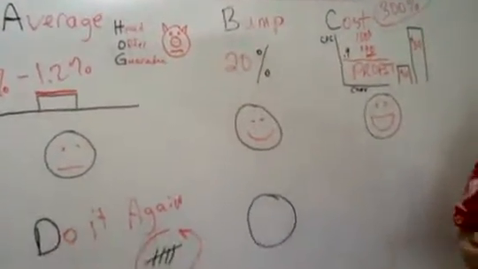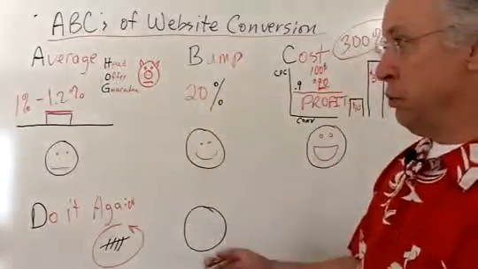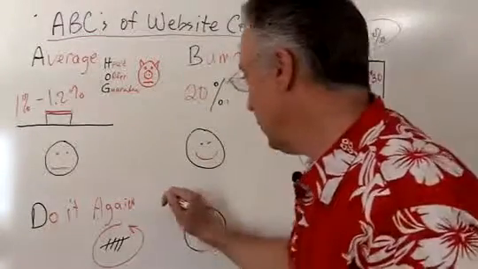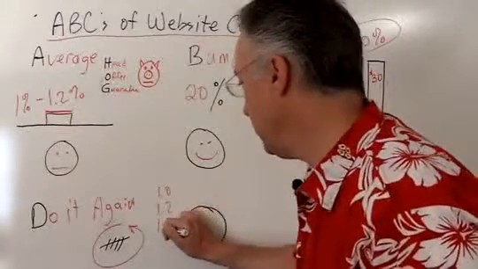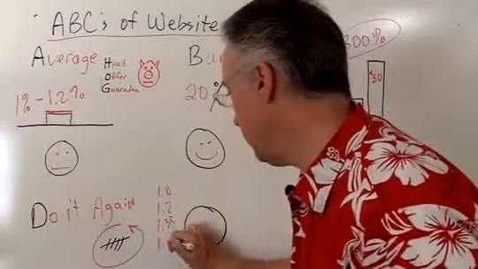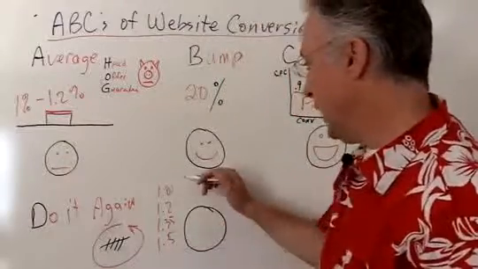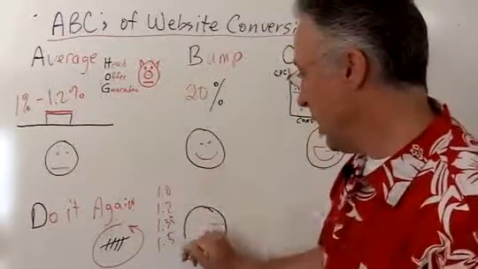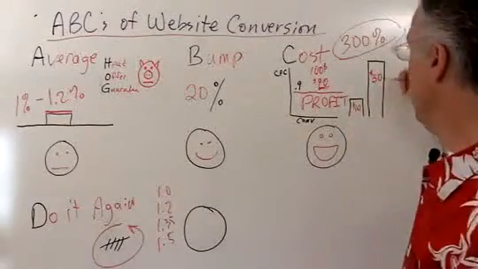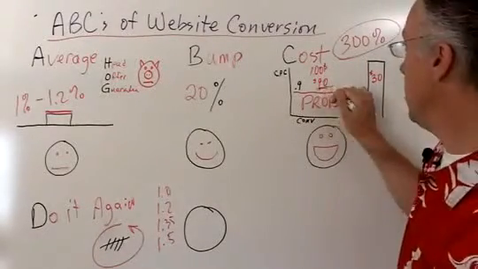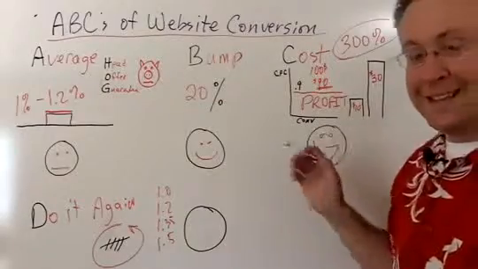Let's say you change the guarantee and you get another 0.05%. All these things start to add up, and you go from 1% to 1.2 to 1.35 to 1.5. And all of a sudden you go from 1 to 1.5 or even higher, and your profitability is through the roof because your cost per conversion is the same.